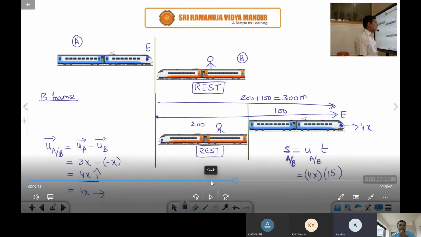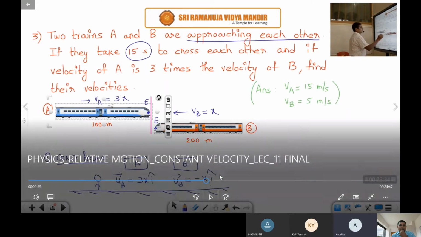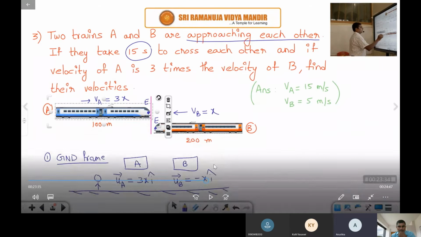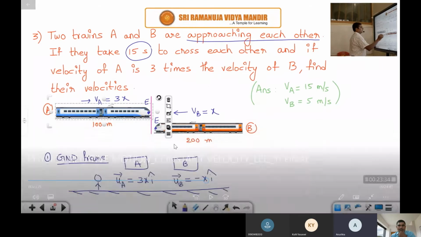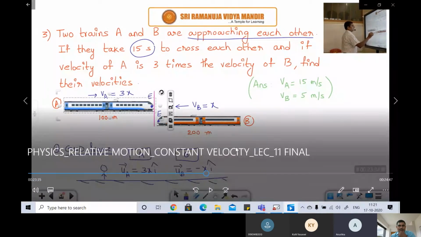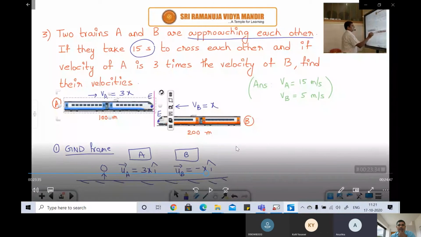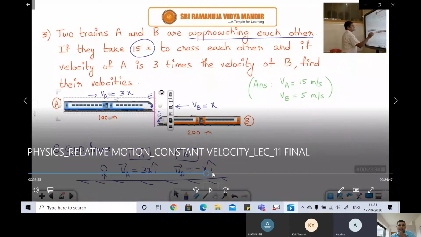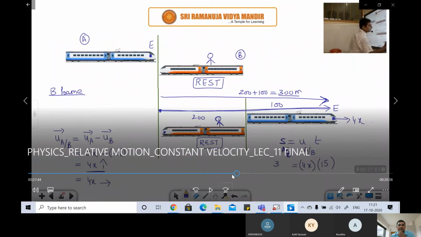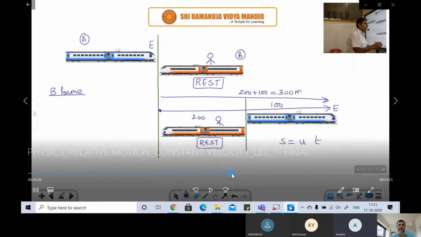What is the velocity of A? Here on the screen you can see 3 times that of B, 3x. So velocity of A is 3x. Then what about the velocity of B?